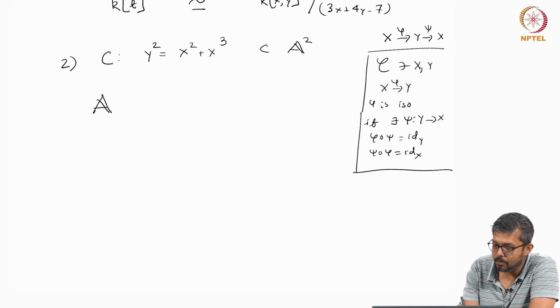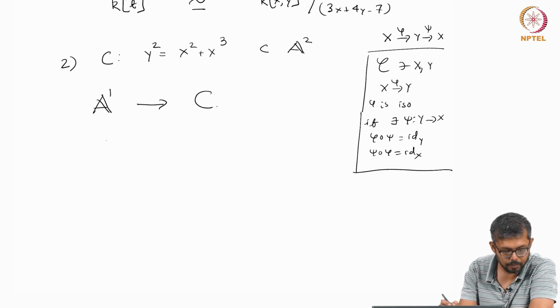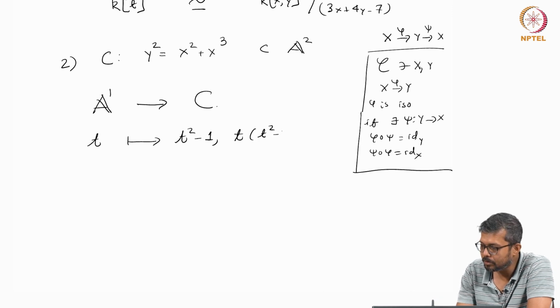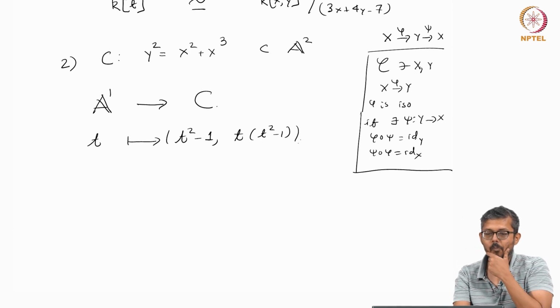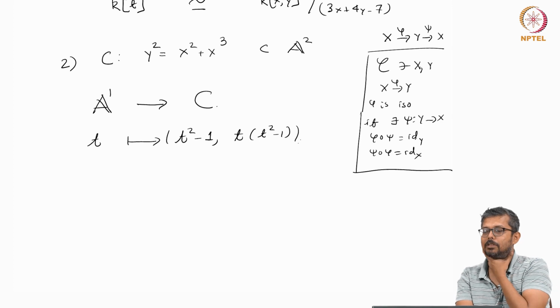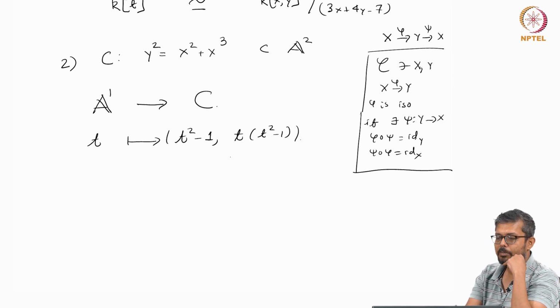Consider the map A1 to C. The map is t goes to (t square minus 1, t into (t square minus 1)). This map is certainly not an isomorphism, because if it is an isomorphism, it has to be a bijection. So this map is not a bijection.